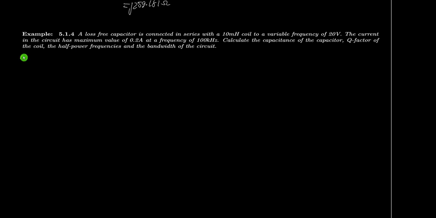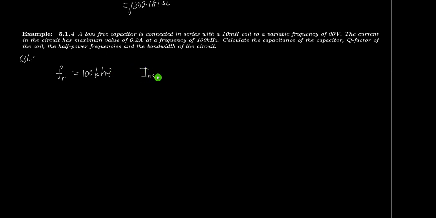So solution. So we start with, this is an RLC circuit again, and we have a current which is maximum at 0.2 amps when the frequency is equal to 100 kilohertz. So this means that FR is just equal to 100 kilohertz because the current becomes maximum when that is the case.